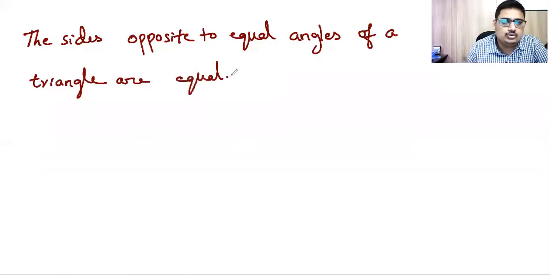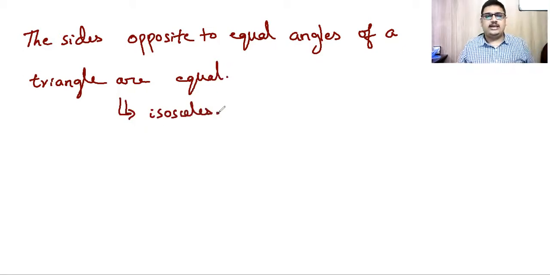This is also true. If this is the case, we can conclude that the triangle is an isosceles triangle. The triangle will become an isosceles triangle. Okay, is this clear to all of you?